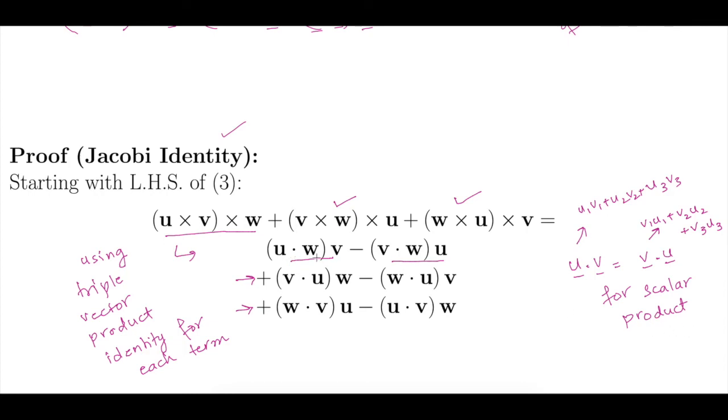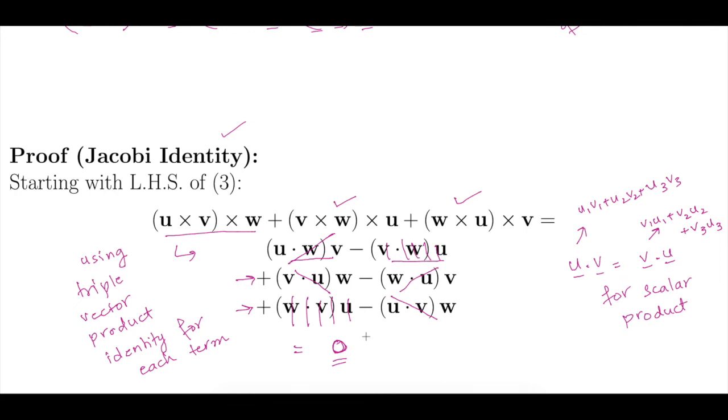So now this term will cancel out with this term, and this term will cancel out with this term, and this term will cancel out with this term. So we will end up with a zero vector here. Okay, so that is how we prove Jacobi's identity using the triple vector product identity.